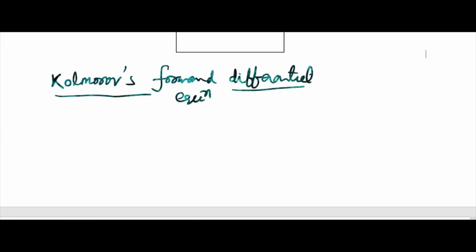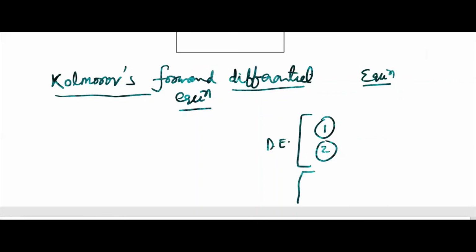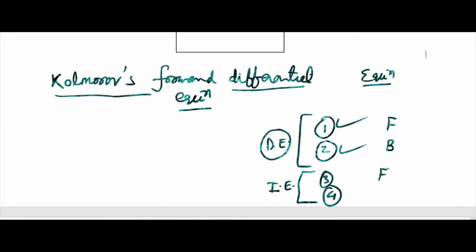I'll teach you 2, both are differential equations. Then we'll do integral equations. Here also I'll do one, the other will be similar. There are forward and backward differential equations, and forward and backward integral equations.